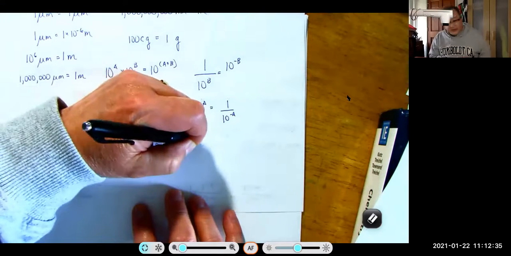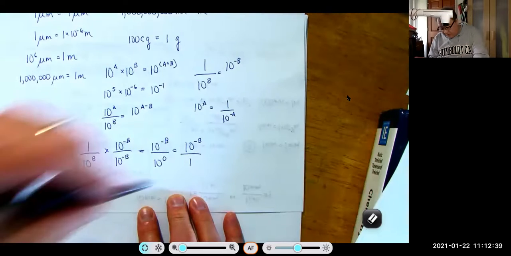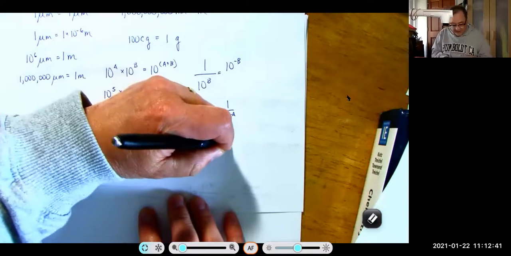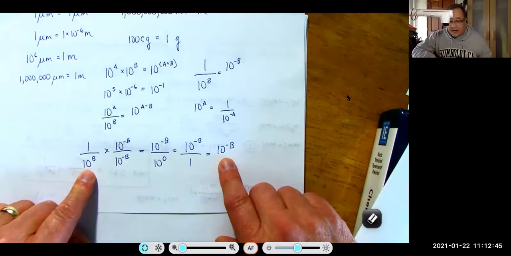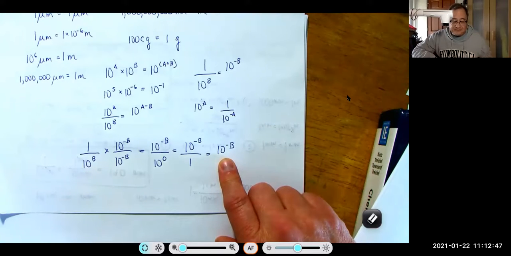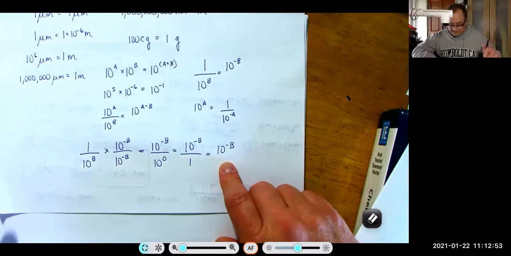And any number raised to the 0 power is 1. So if I clean it up, you can see that essentially what was on the bottom, I switched sides and changed the sign. So cross the line, change the sign.